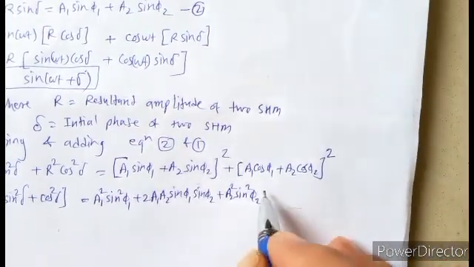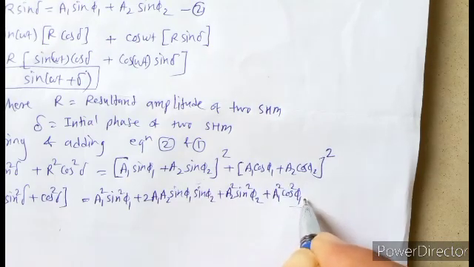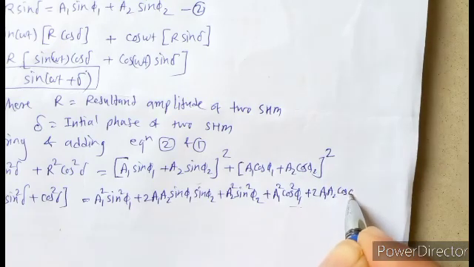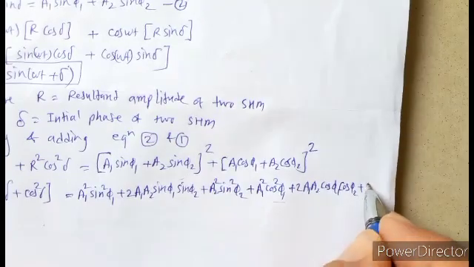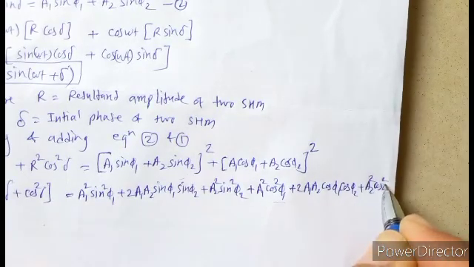Expand the second bracket: a1 square cos square phi 1 plus 2 times a1 a2 cos phi 1 cos phi 2 plus a2 square cos square phi 2.